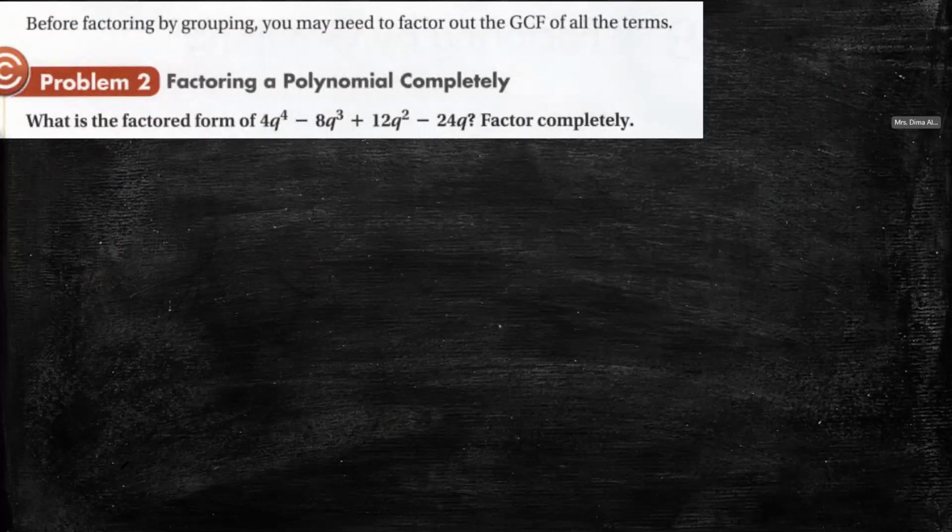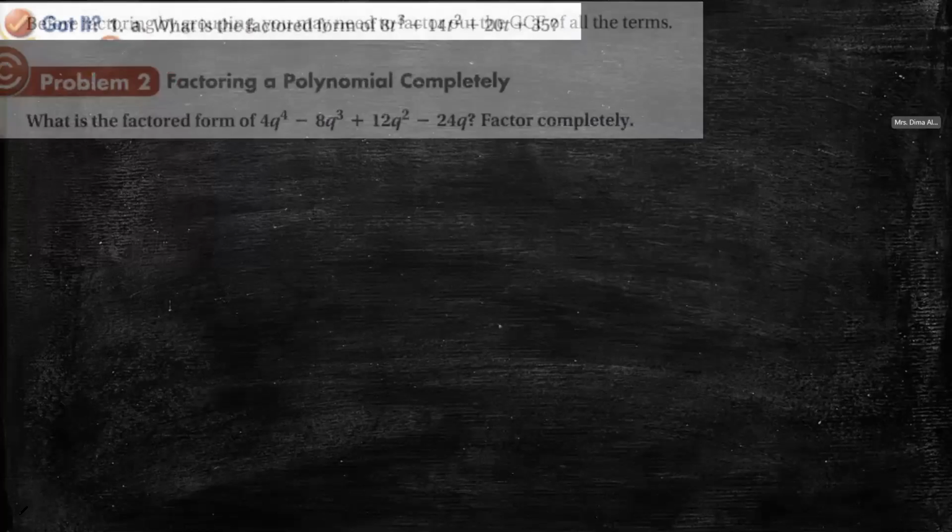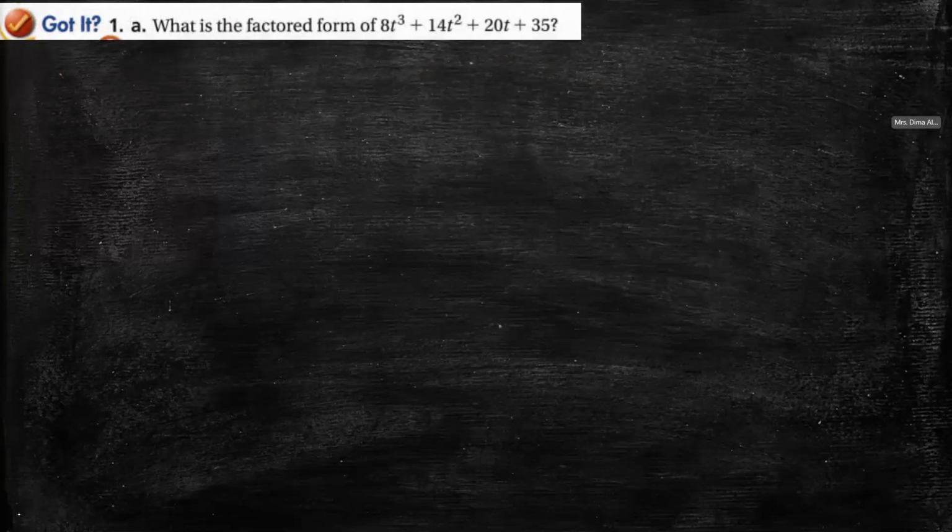So I look at the last term here. Here it is 24q. If the last term is not a constant, if it is a number with a variable, I will find the GCF. If it is only a number, like in the previous example, I just start with grouping them into 2 pairs.